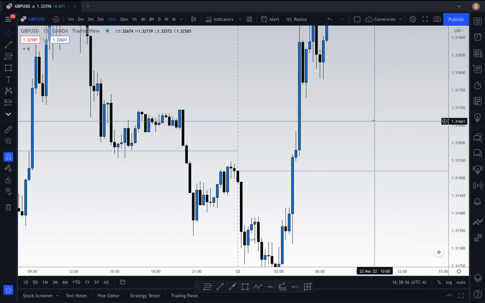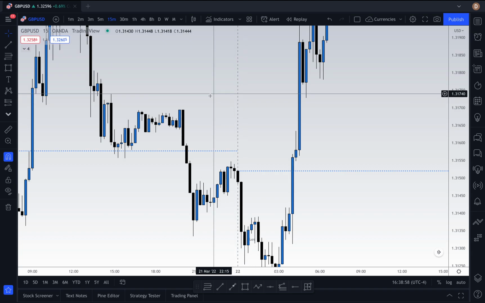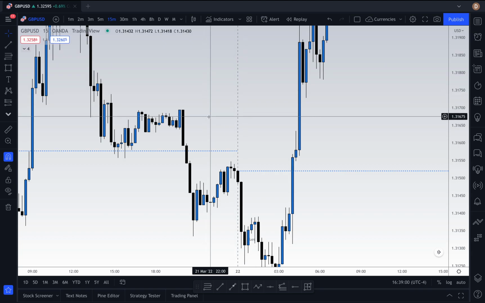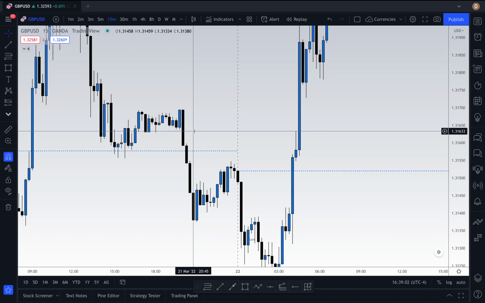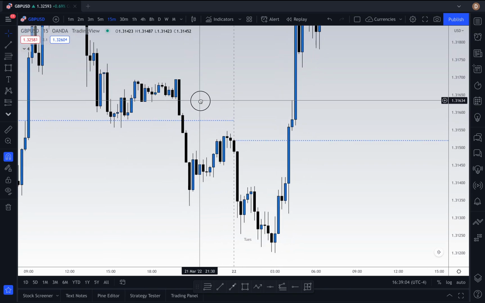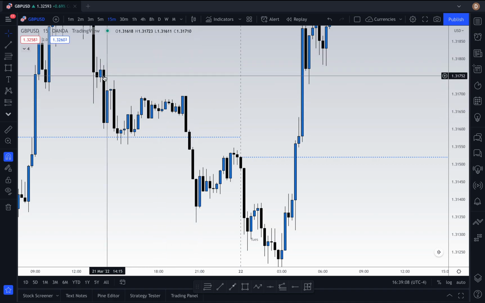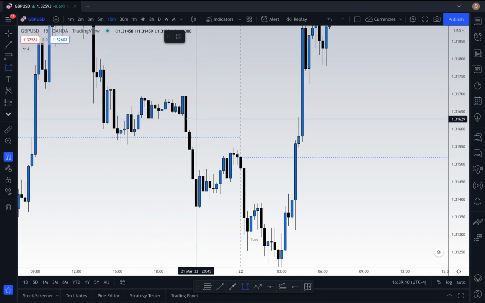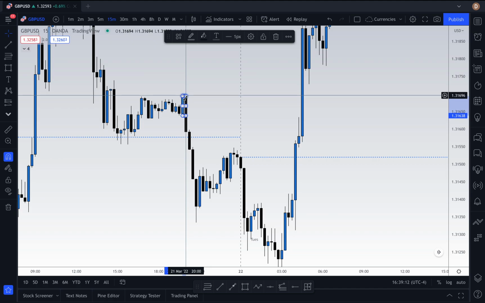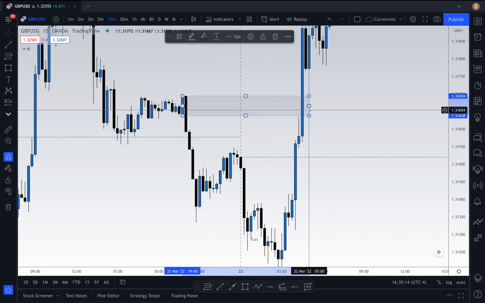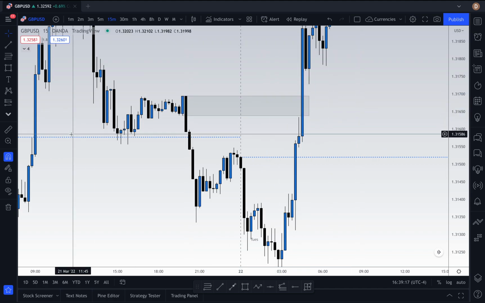So, for instance, this was a perfect example today. We had the British pound against the US dollar, GBP/USD, GU for short. And we had a setup here that would be a textbook order block setup in theory, right?